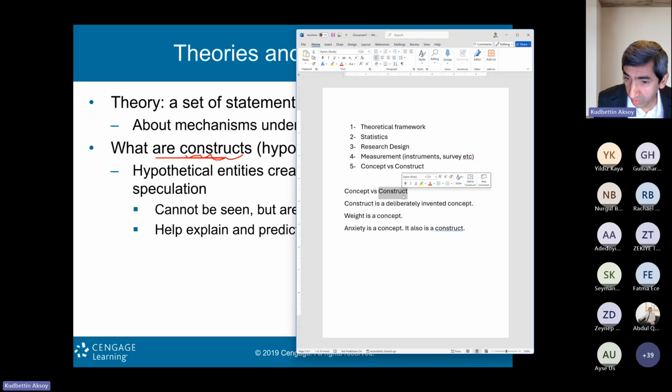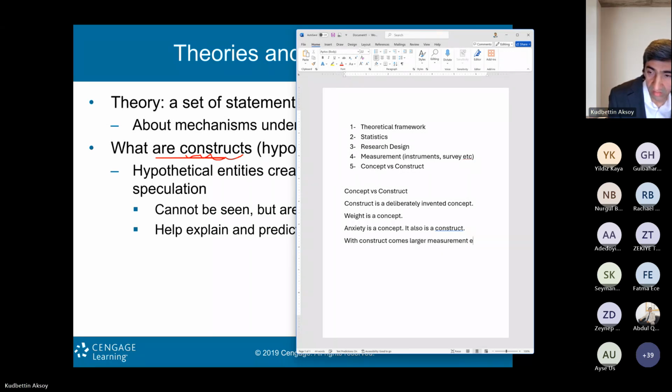And because we work with constructs, there is more measurement error. With a construct comes larger measurement error. More importantly, comes more disagreement among researchers. When we define motivation, different theories would explain motivation from different perspectives.